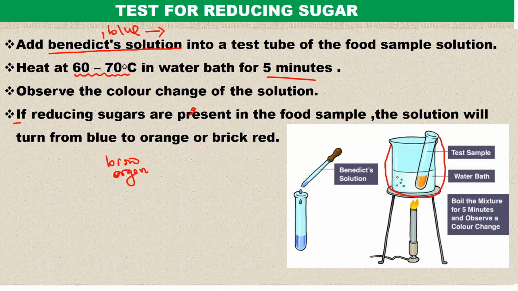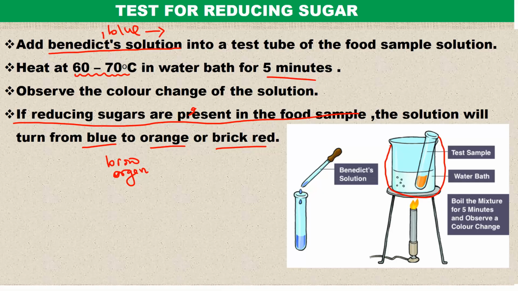So here we are saying reducing sugars are present in the food sample. The solution will turn from the original blue to orange, brick red, or sometimes yellow, even green, depending on the intensity of the reducing sugars. So long as it has moved from blue, just know that reducing sugars are present. It is very important that you know the solution, the procedure, and the color change that takes place from where to where.